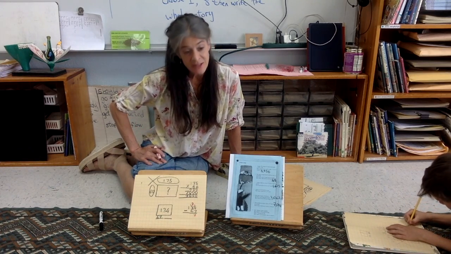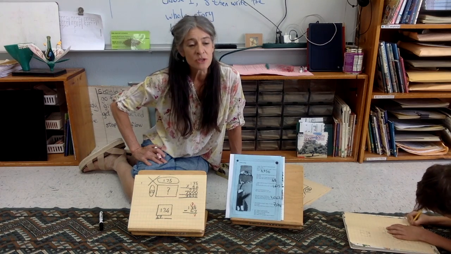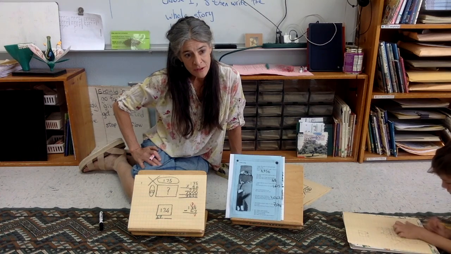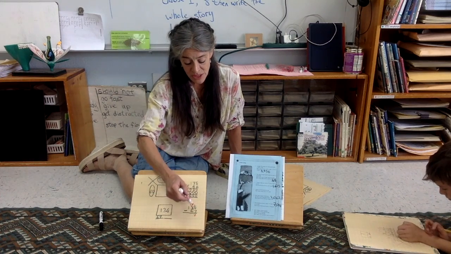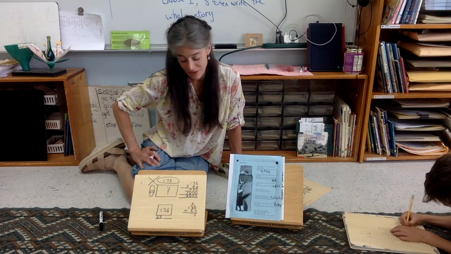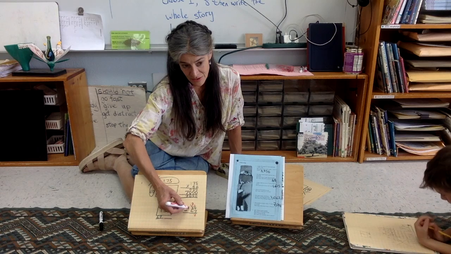Now let's go to the 10s. Start with your minuend. 2 take away 6. We can't do that, so we cross out the 1.